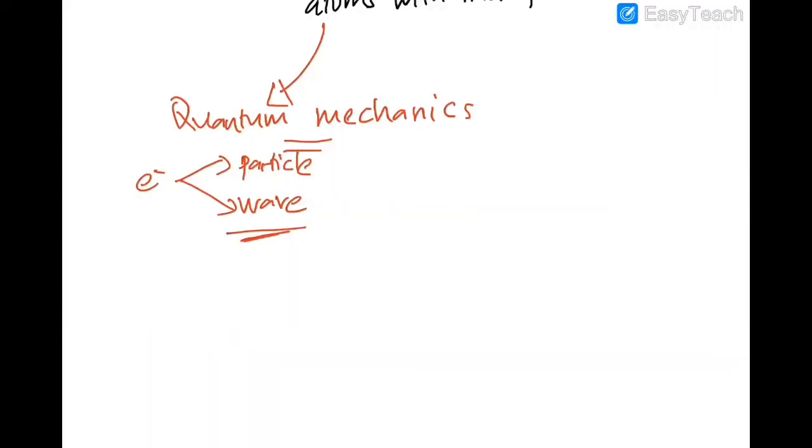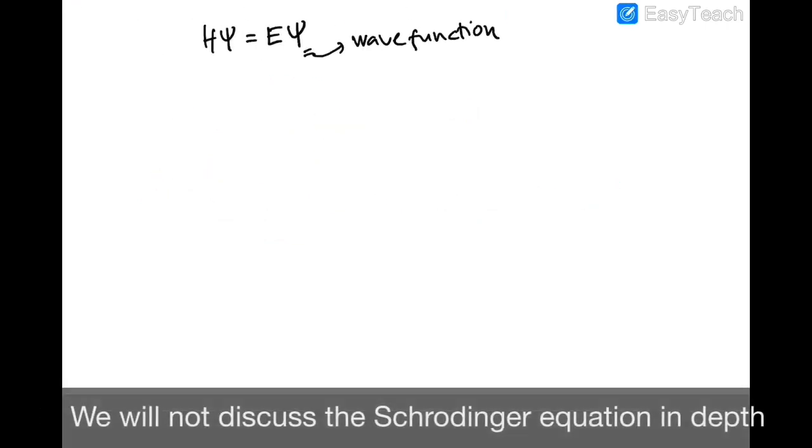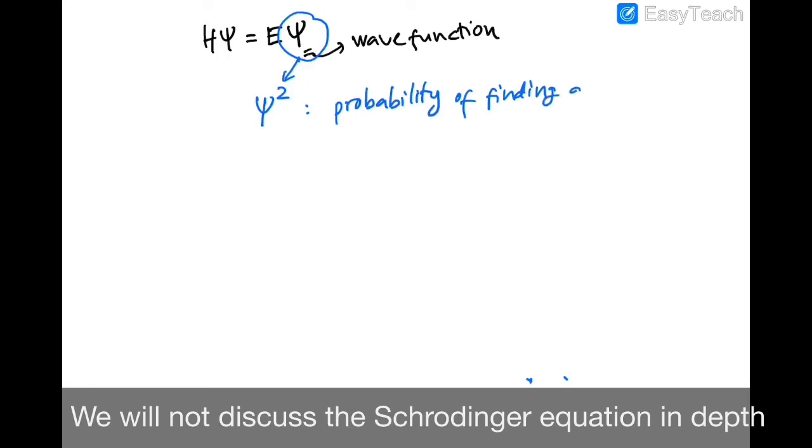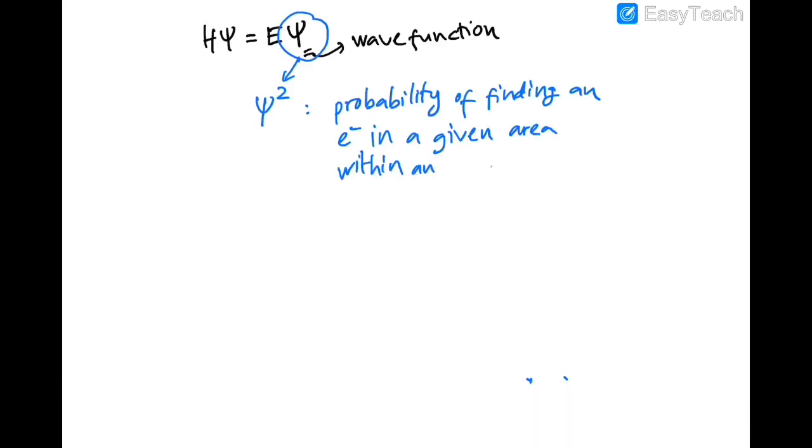As a wave, each electron is defined by the so-called wave function, or psi. Taking psi and squaring it, the square of the wave function will tell us the probability of finding an electron in a given area or given space within an atom.